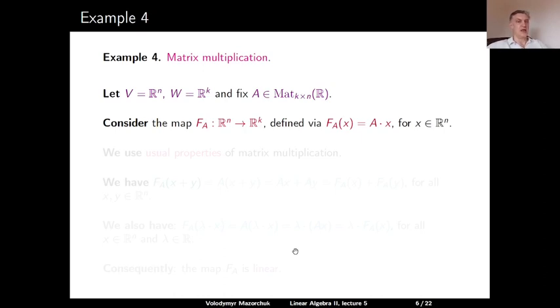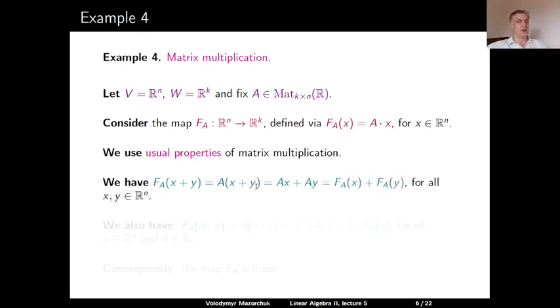which means an element in R^k. And using the usual properties of matrix multiplication, we can compute that F sub A applied to x plus y is by definition equal to A times (x plus y), but matrix multiplication is distributive, so this is equal to Ax plus Ay, and this by definition equals F sub A of x plus F sub A of y.